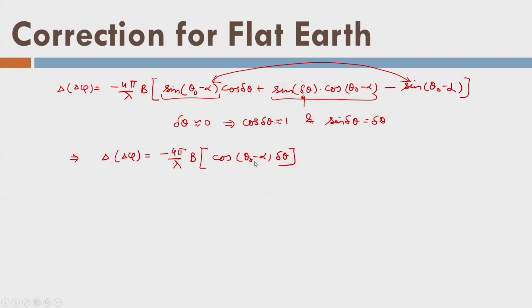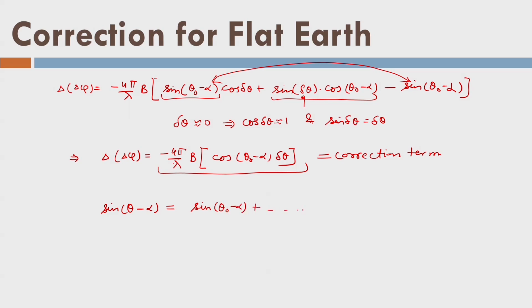Now, you can see here this term is a correction term for the flat earth. I can write sin theta minus alpha is equal to sin theta 0 minus alpha plus the correction term, which is cos of theta 0 minus alpha into delta theta.